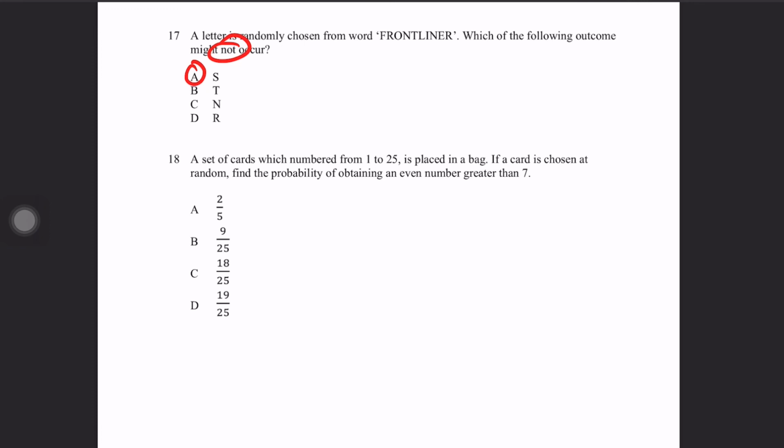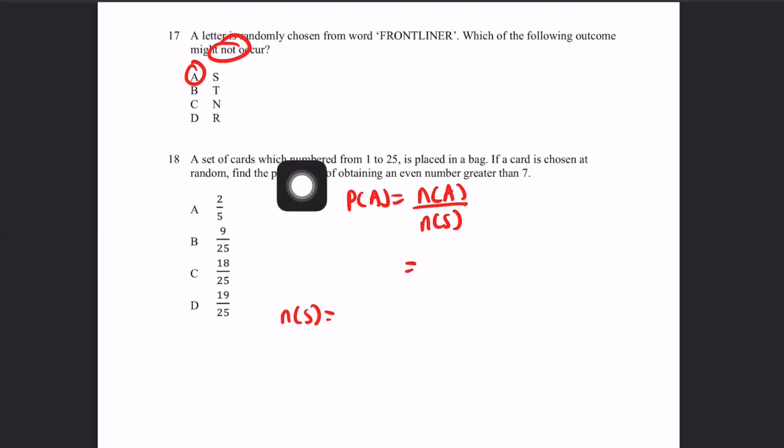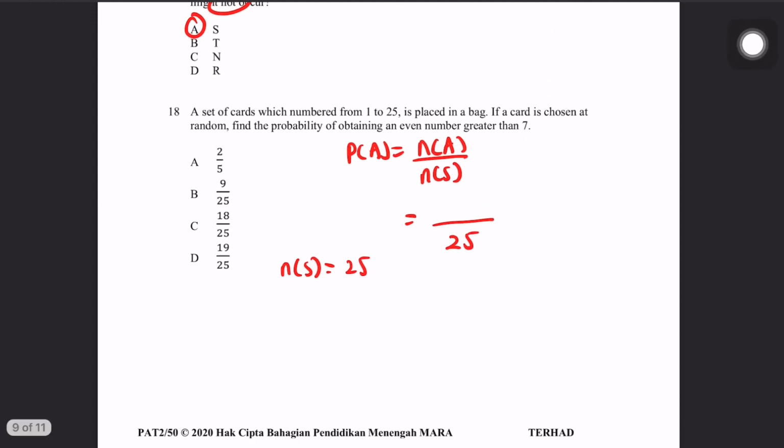So first, kita tahu probability is equals to number of A over number of sample. So we have for sample S, we have 1 until 25. So 25 cards. So we know the below part is 25. And then for event A, an even number greater than 7.